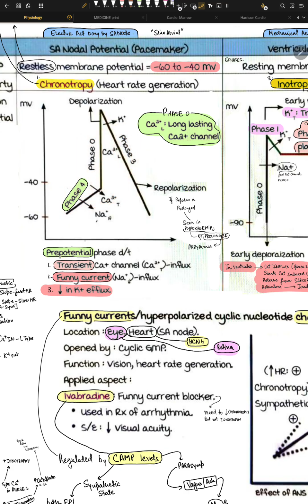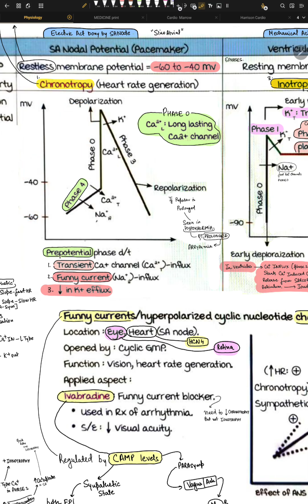And this is restless, by the way. The cells of the SA node are not resting at any time. They start from your childbirth, and they just keep working for 100 years, and it's amazing how that works.